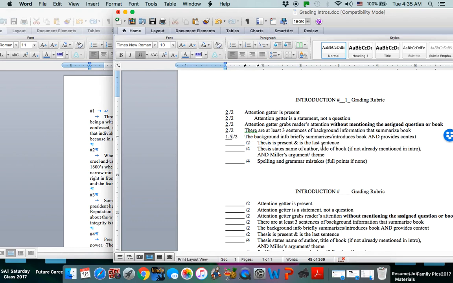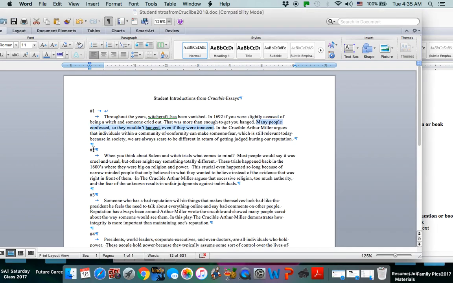Now, the thesis is present and is the last sentence. In The Crucible, by the way, everyone, when you are looking at this, 2 things are wrong here. Number 1 is that when you type it out, the book needs to be italicized, so make a note of that.